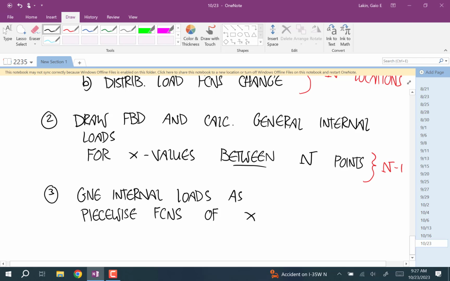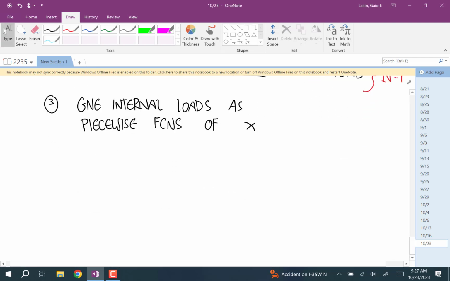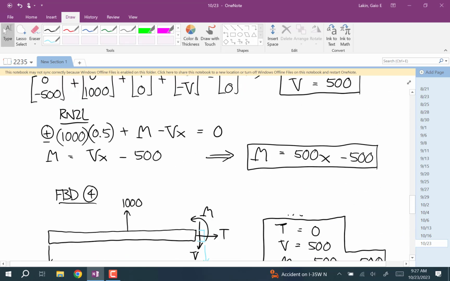Okay. So for the example above, our internal tension, like what's the tension in that beam?